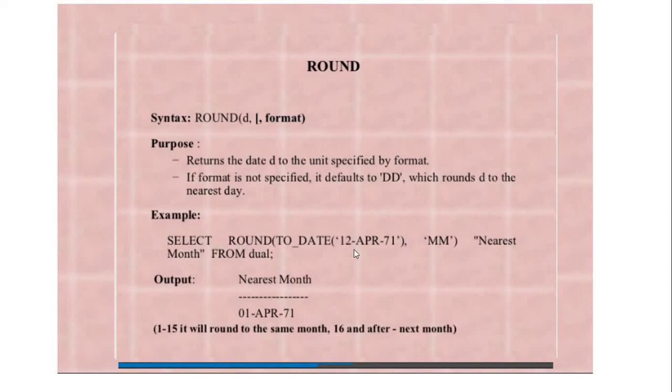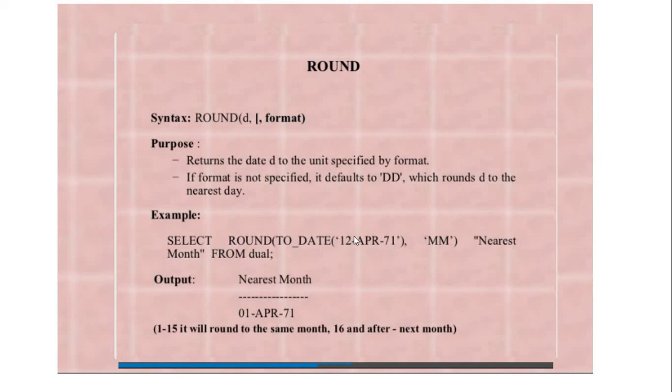Here we are converting this 12 April 71 first to date. Then we are applying the round function there, and we are rounding it to this format. So it will be rounding this date as per the month, or we can say it will be rounding the date either to the beginning of this month or to the beginning of the next month.